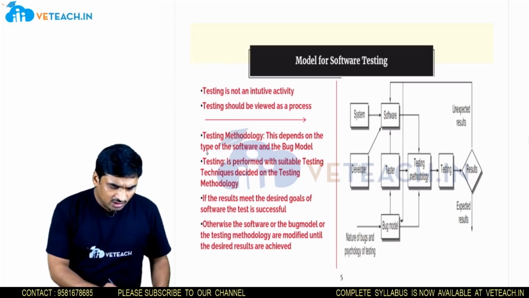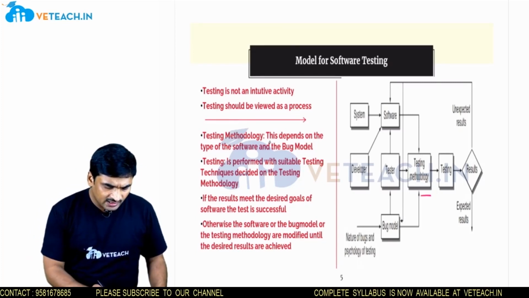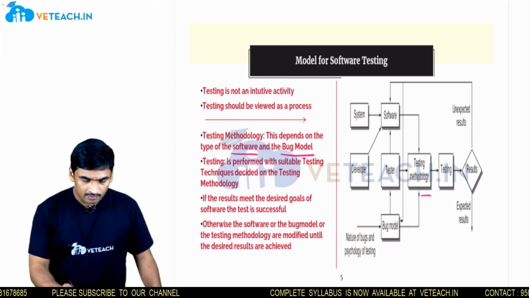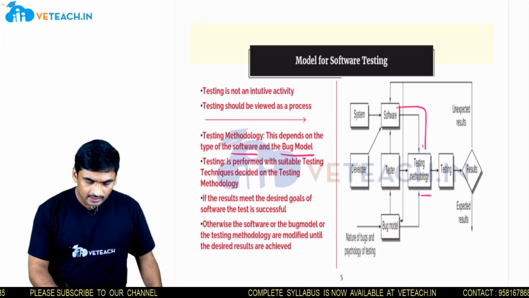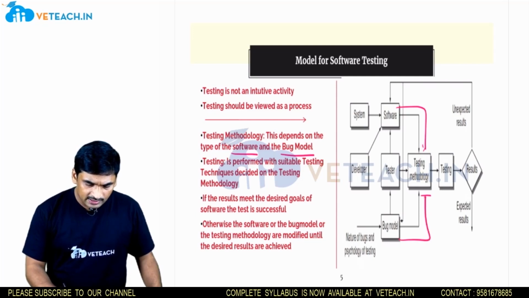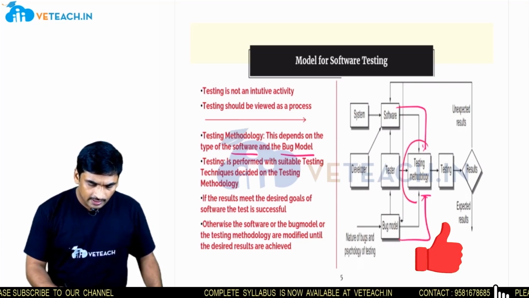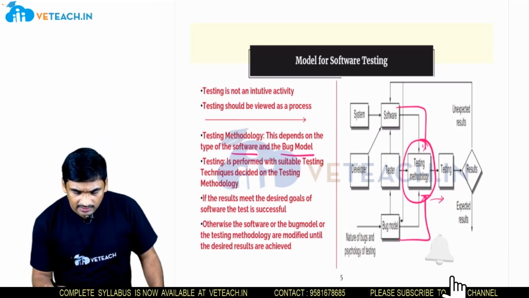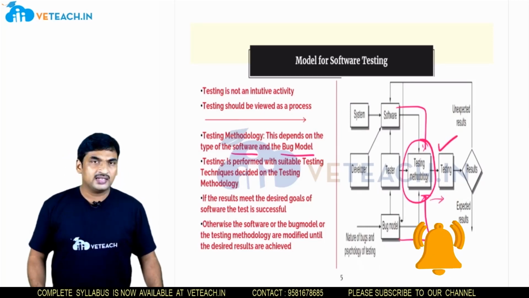Then the testing methodology will be identified here. This depends on the type of the software and the bug model. Based on the type of the software and the type of the bug that we have, we will identify a testing methodology, and then proceeding further, we will perform the testing activity.